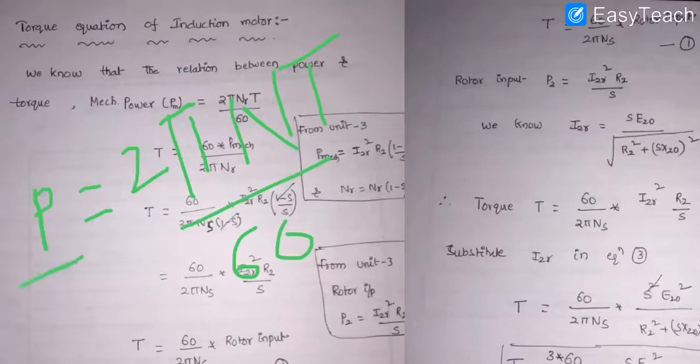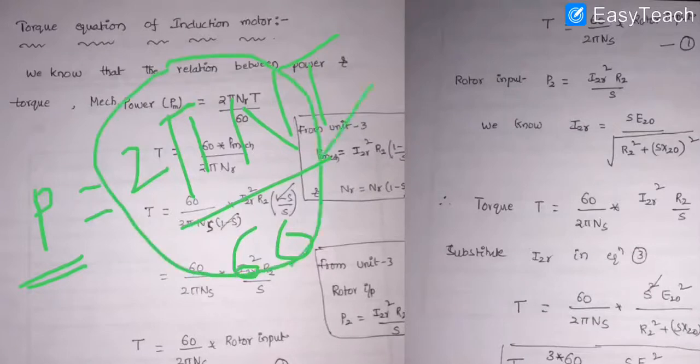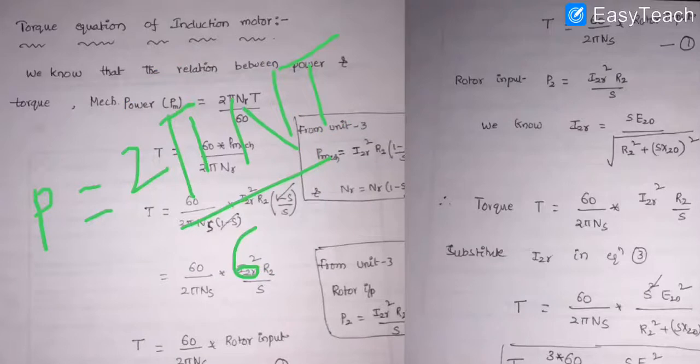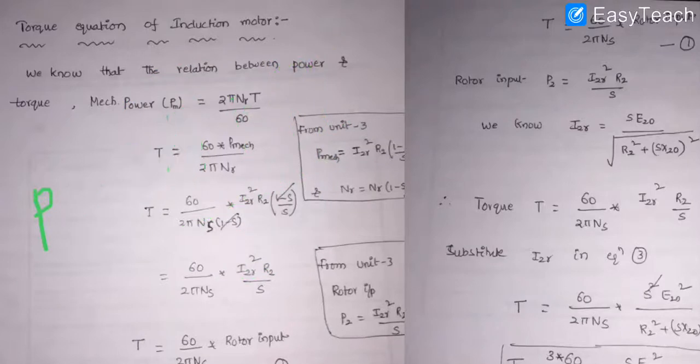Here P is the mechanical power and 2 pi N by 60 is the angular speed. From this, how can we define the torque? Torque equals 60 by 2 pi N into P mechanical.